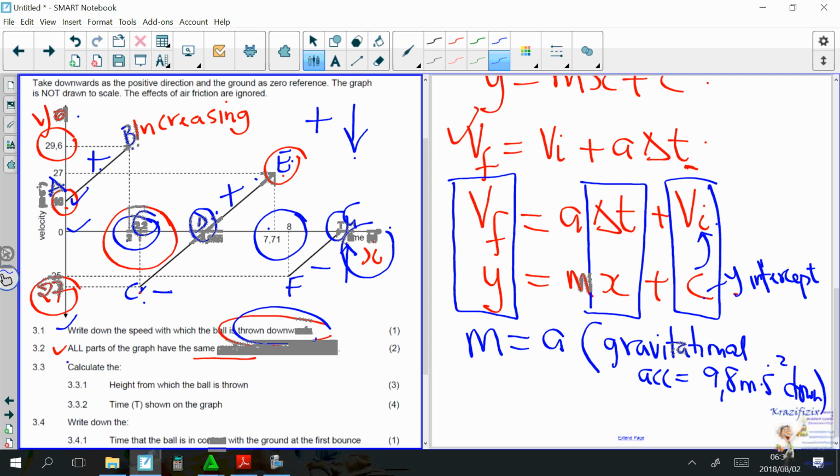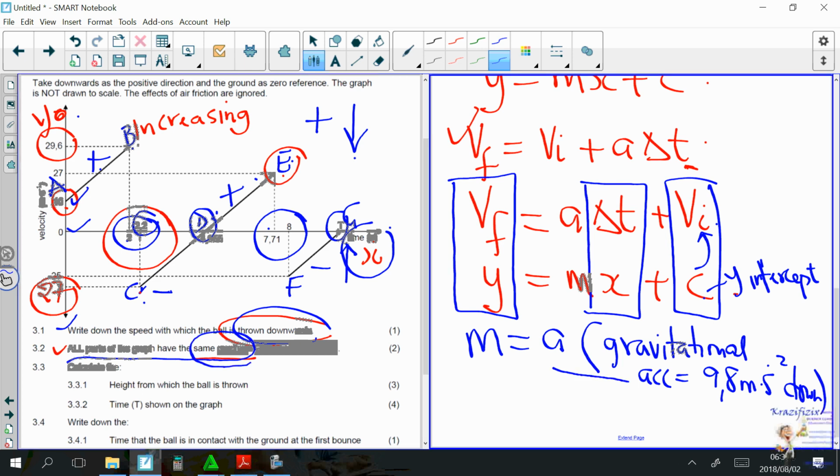Now let's answer this question. All the parts have the same gradient, because our gradient is simply acceleration due to gravity, and it is a constant.